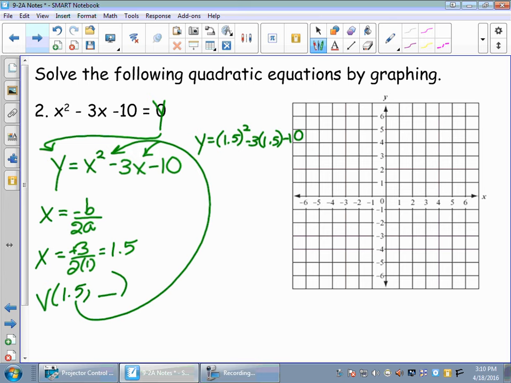And so when I do that with my calculator, I end up getting negative 12.25 as my vertex. So it looks like I need to actually adjust my paper just a little bit.